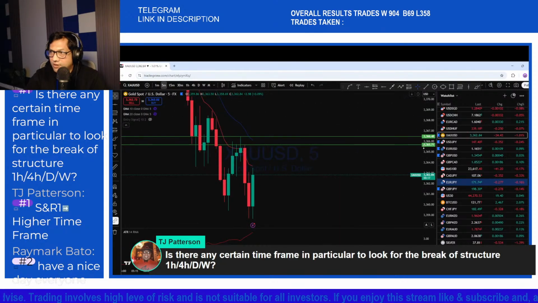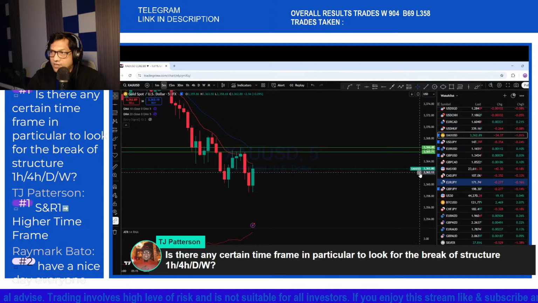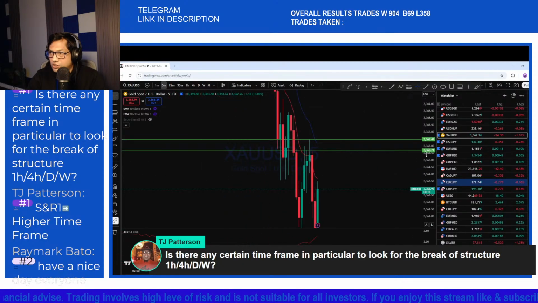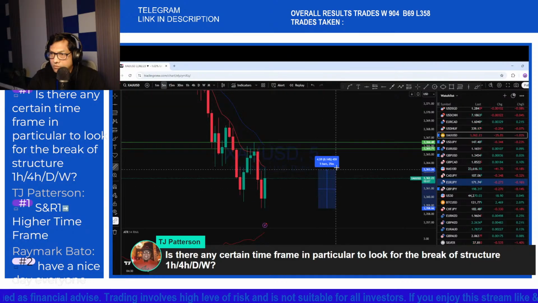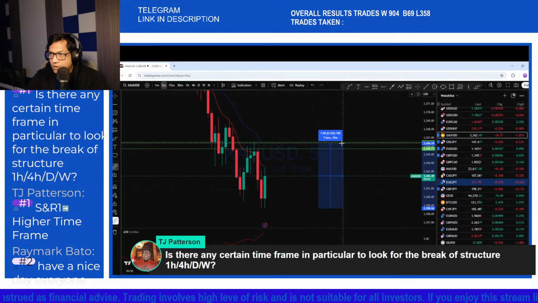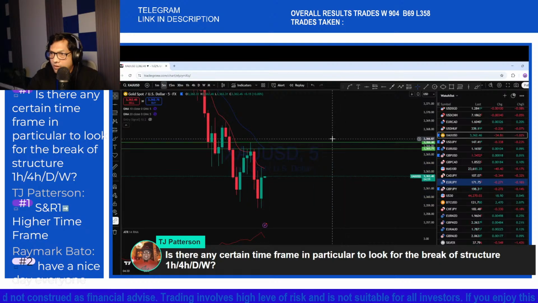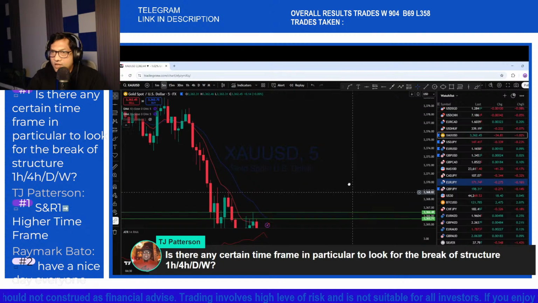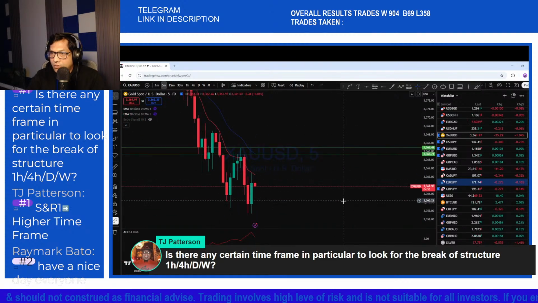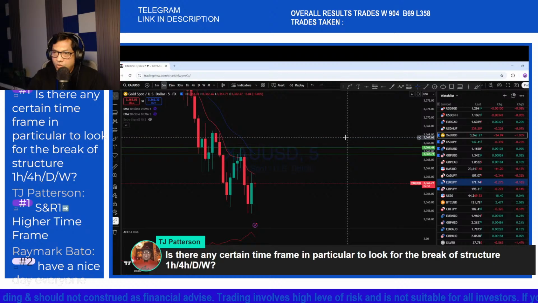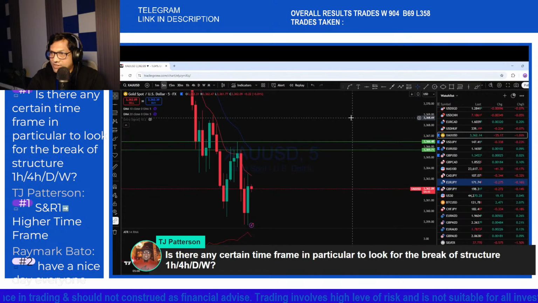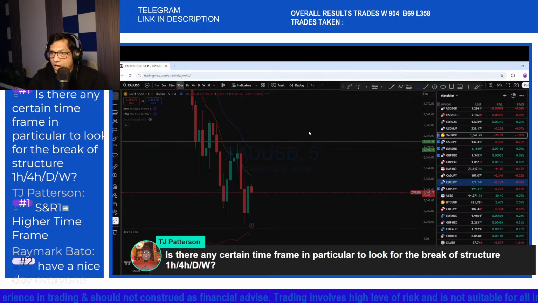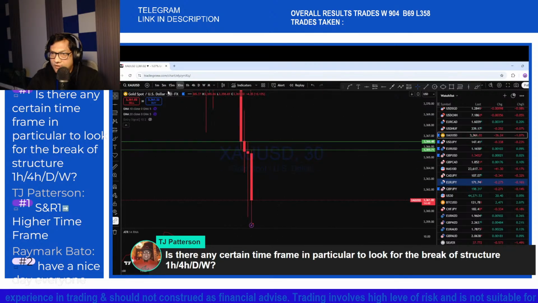Looking at the 5 minutes again, if the price is going to hit this key level, this 3366 level, if the market is going to hit that 5 minutes 20 EMA, from here we will be looking for a potential sell entry at 3366 or a little higher in this area.